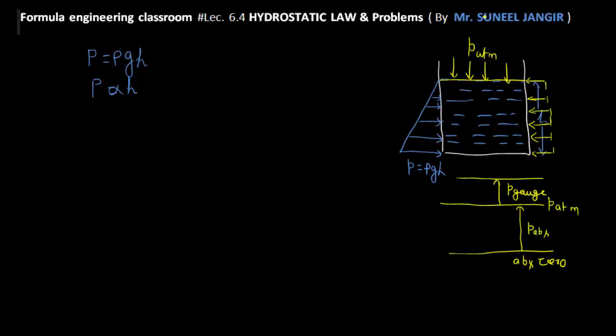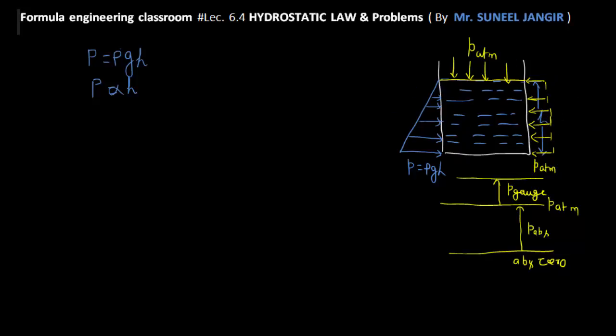Now this is the gauge pressure distribution within the layers. So this value is p atm, and p gauge is this one.